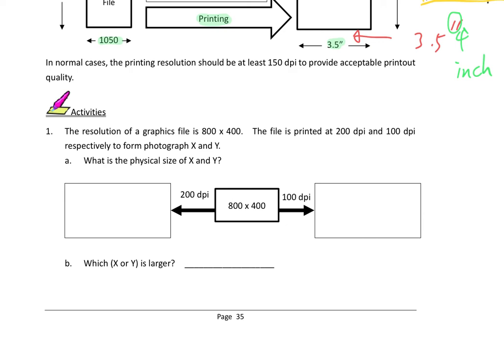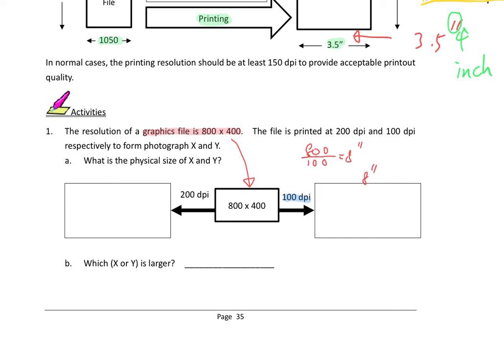Here we have a graphic file with resolution 800 times 400. On the right hand side we print it at 100 dpi. So 800 dots, and each inch has 100 dots, so the width will be 8 inch.